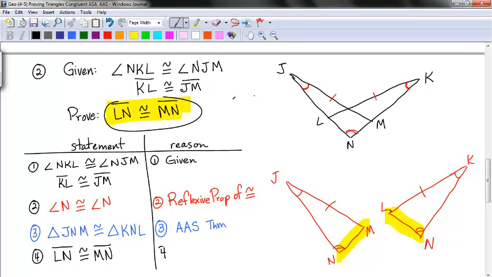Corresponding parts of congruent triangles are congruent. And that's all you need. So it only took 4 steps, and one of them was given, so it only took 3 steps. If it helps you to separate your pictures out, then draw it both ways, if that helps.